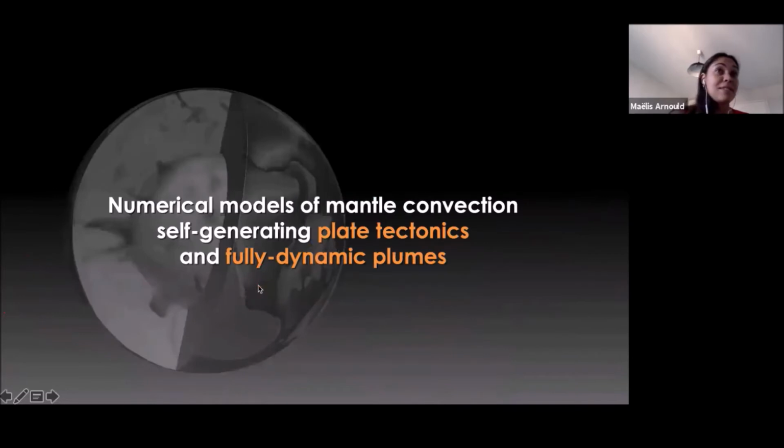So let's start, and let's first have a look at those numerical models. In particular, we'll see how we model self-consistent plate-like behavior in mantle convection. We'll see what the behavior of mantle plumes is in particular, and the third thing that we'll focus on is how it compares to what we know from the Earth's plumes.